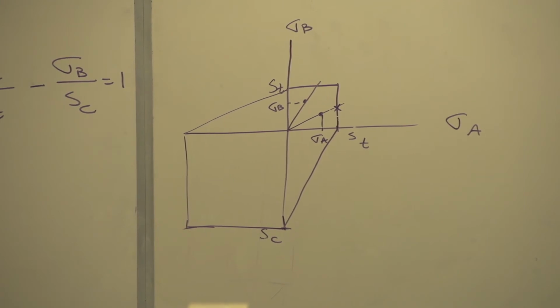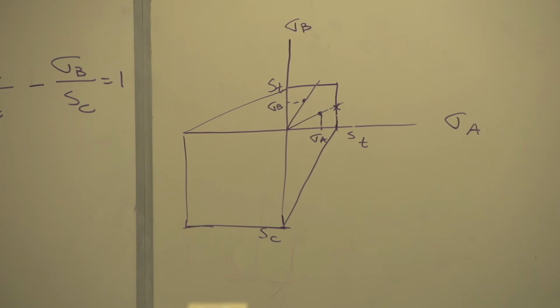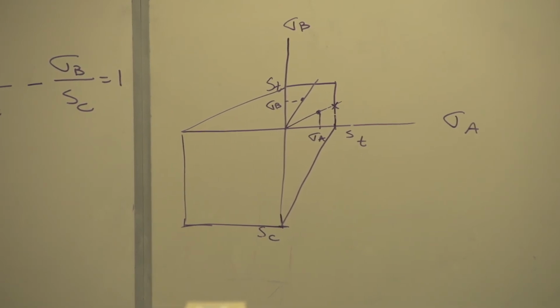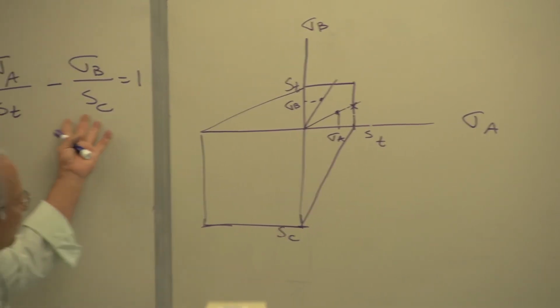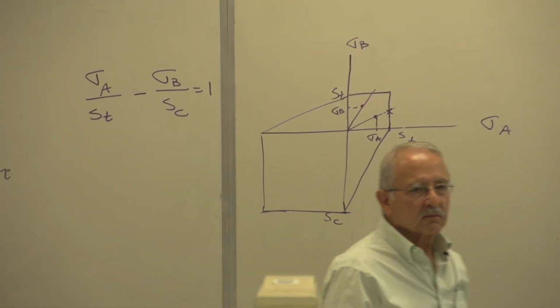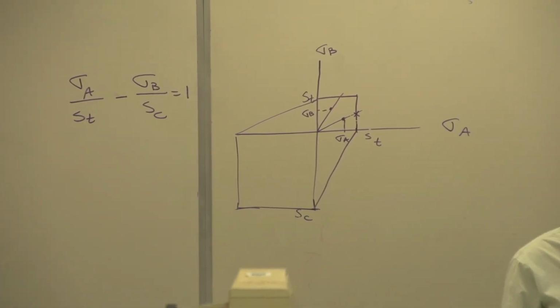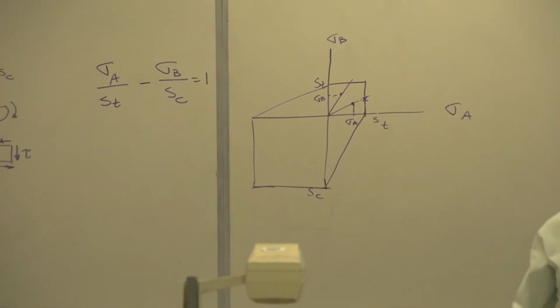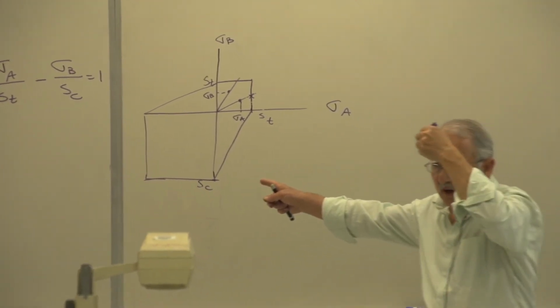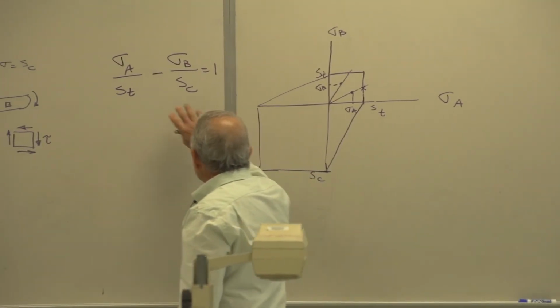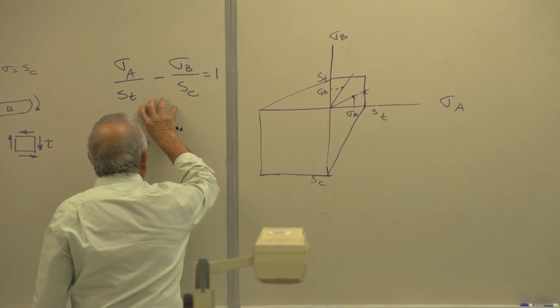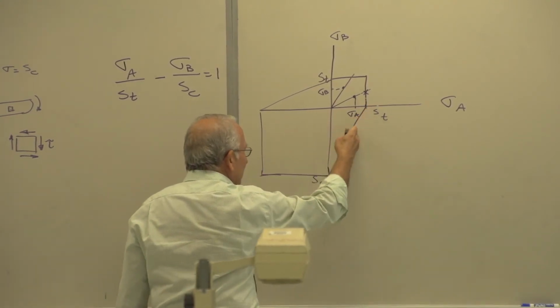Now, a couple of things here. First, how do I apply a factor of safety to this? This equation defines failure, right? This defines this line.